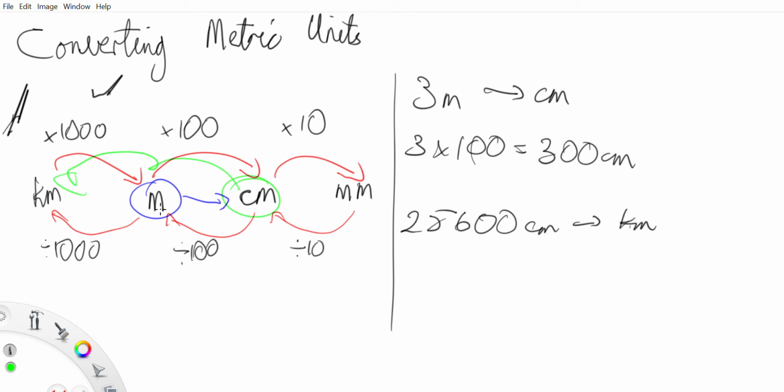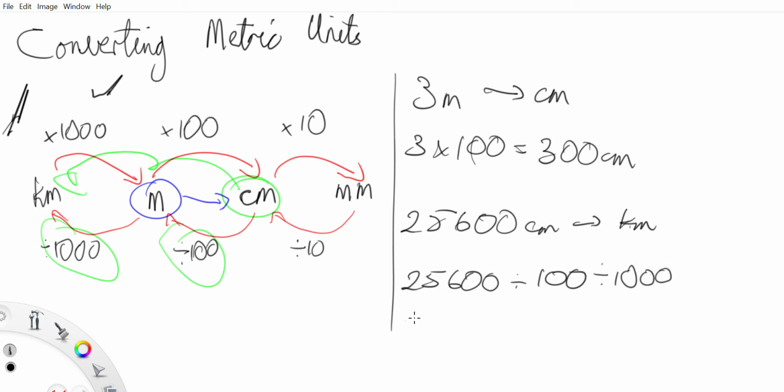So we're going to do 2 jumps. We've got to divide by 100 and then divide by 1,000. So we would write 25,600 divided by 100 divided by 1,000.